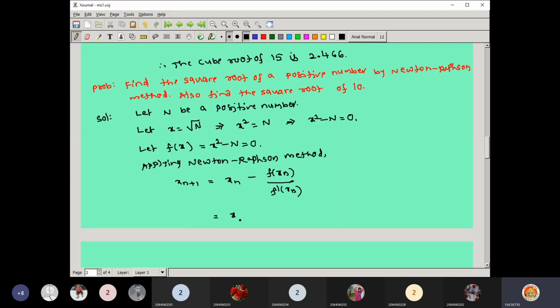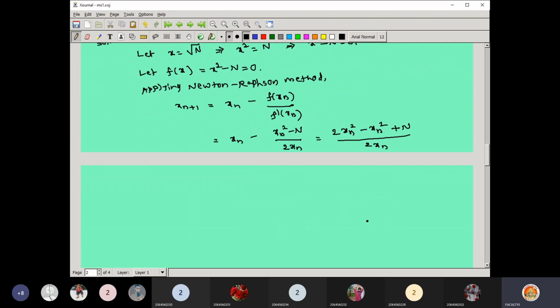So I'm just substituting: f of x n means your given function, so it is x n square minus capital N, divided by f dash, its derivative. So 2x you will get. So 2 x n, or I can write 2 x n square minus x n square plus capital N, overall divided by 2 x n.